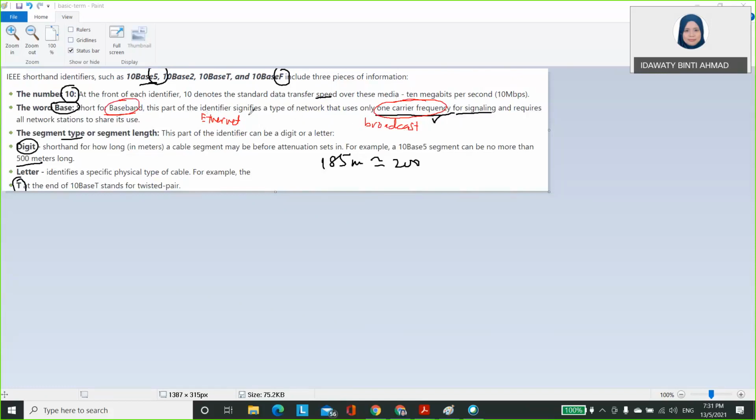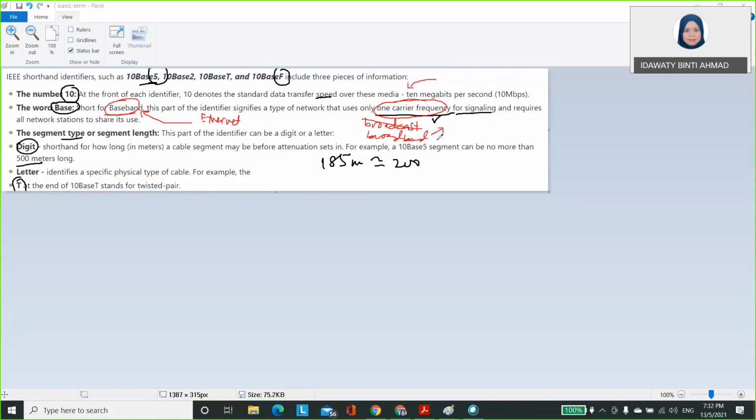So for Ethernet, it is always baseband, meaning that whatever signal frequency in the Ethernet is only one carrier frequency. But for broadband, for example, you can have multiple frequencies.